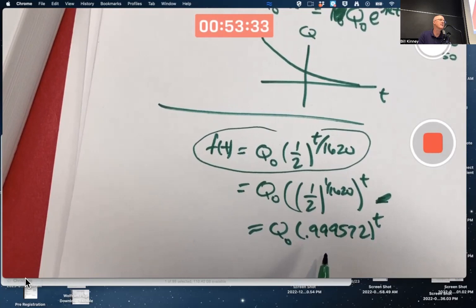I'll let you think about it. You can figure out what percent the amount decreases per year. It decreases by 50% over 1620 years. That's the meaning of half-life. Okay. All right. We're at the end here today.